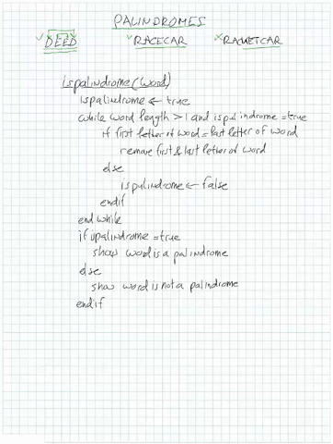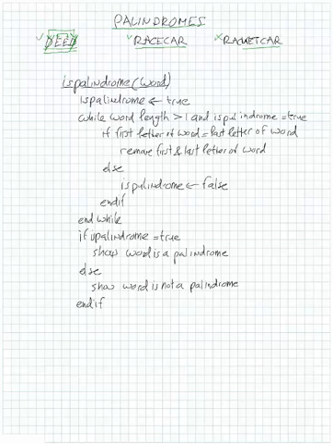So we compare the first letter and the last letter, and if they're the same, we throw them away, and then we have the same problem. We must look if the remaining word is a palindrome.